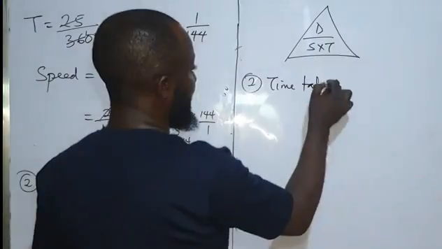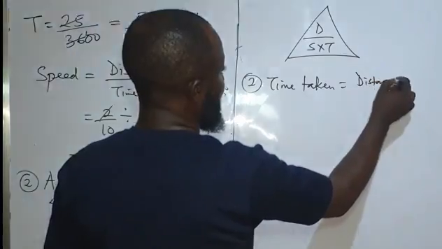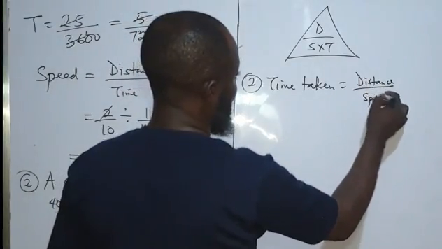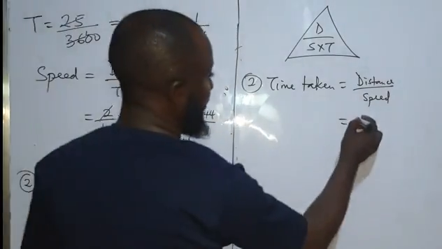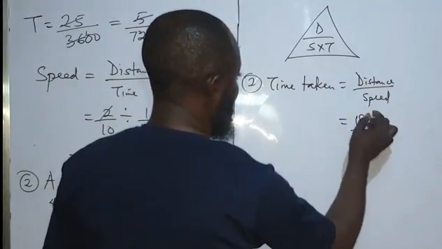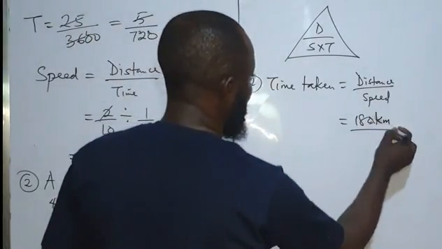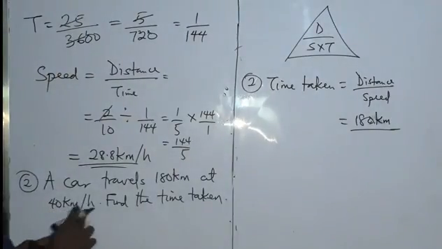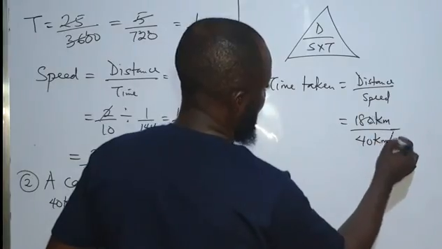So the time taken here will then be distance divided by speed. What is the distance covered? 180 kilometers, divided by the speed, 40 kilometers per hour.